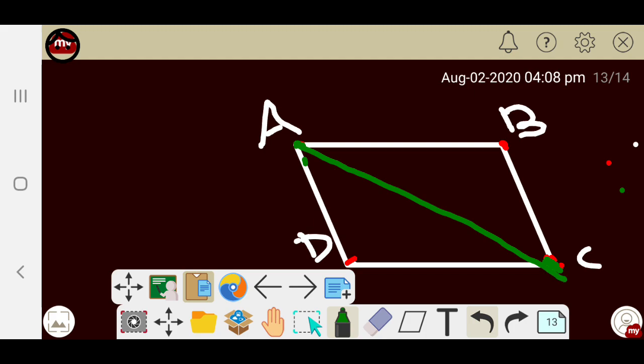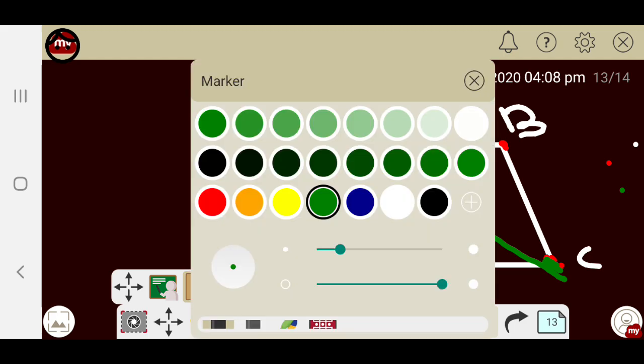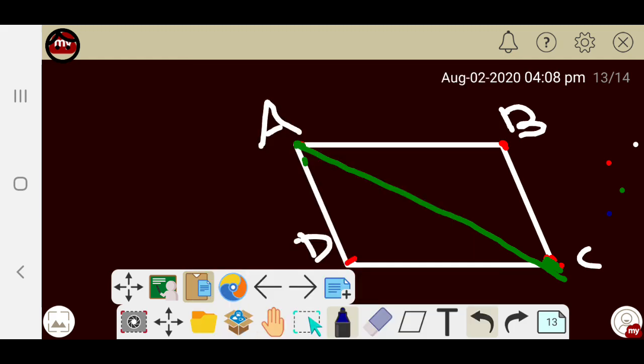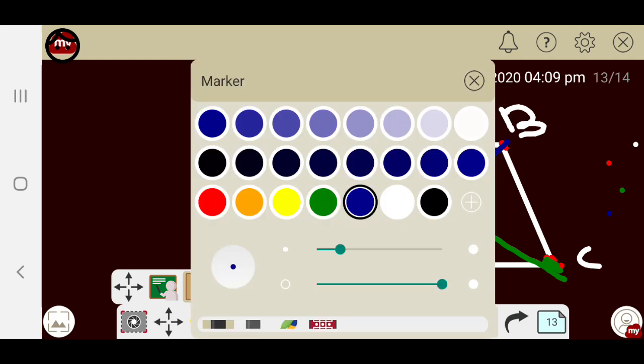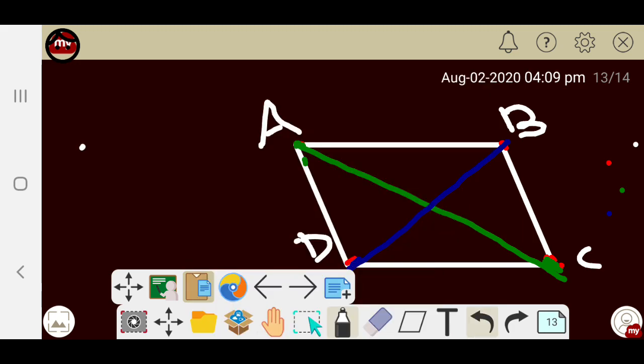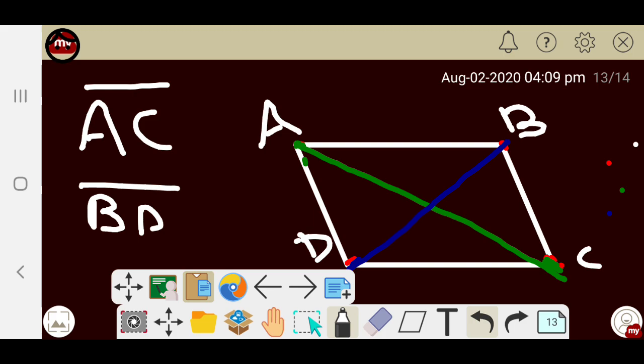So AC is one diagonal. In the same way, which is the next pair? B and D. Yes, join that. Now we can see that there are 2 diagonals. Which are they? AC and BD.